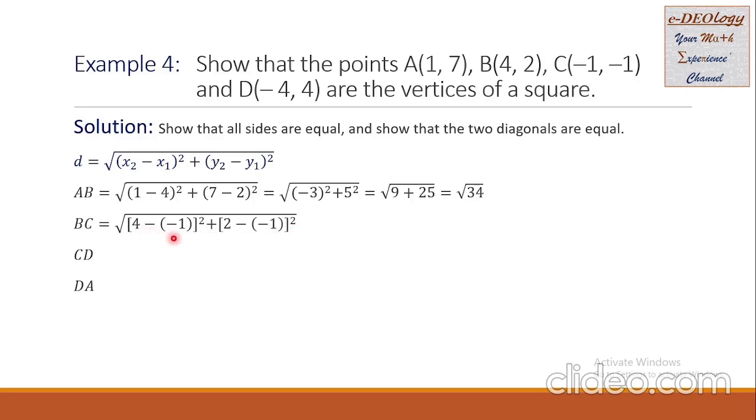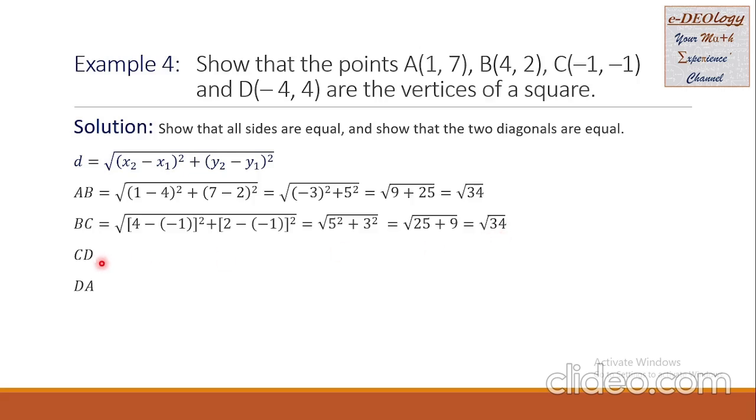This 4 minus negative 1 will be 5, that is squared, plus 2 minus negative 1, that is 3. Then we will square. 5 square is 25, plus 3 square is 9. 25 plus 9 is 34. Therefore, for the side BC, the length is square root of 34.